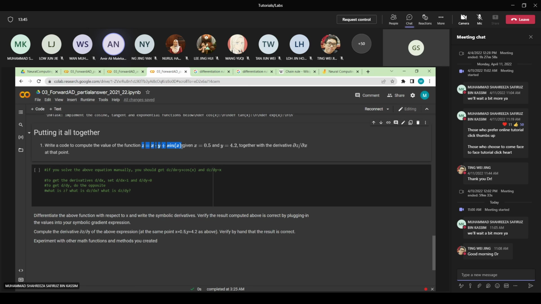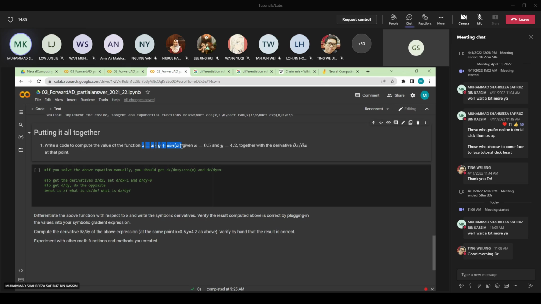For the other way around, the partial derivative of z with respect to y, I think it would be just x, since sine x becomes a constant, so x plus 0.